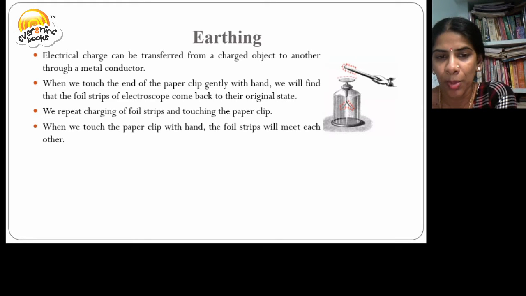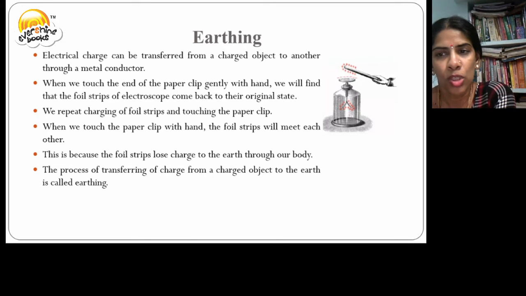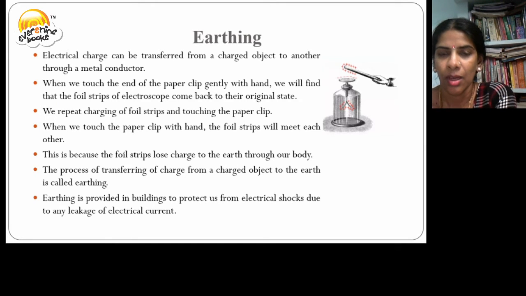When we touch the paper clip with the hand, the foil strips will meet each other. This is because the foil strips lose charges to the earth through our body. The process of transferring charge from a charged object to the earth is known as earthing. Earthing is provided in buildings to protect us from electrical shocks due to any leakage of electrical current.